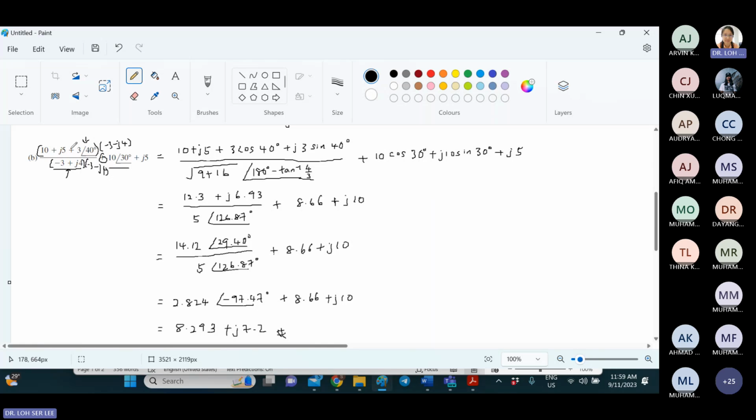You can choose to remain in rectangular here, and here also rectangular. Then you multiply the complex conjugate of this at the top and at the bottom. Then you simplify. Then only you sum up with this. Also okay.